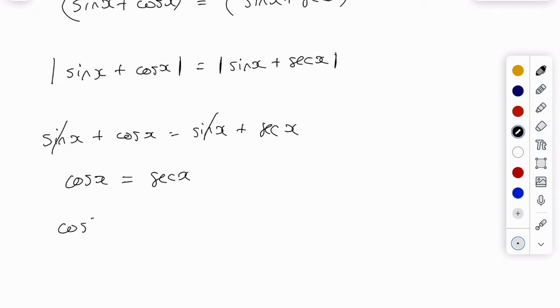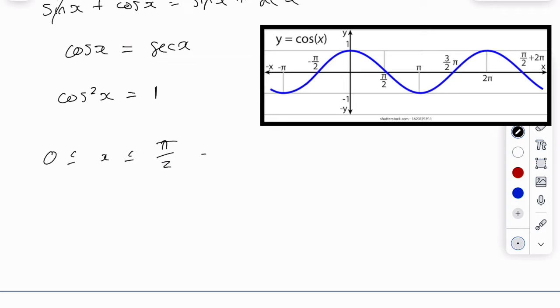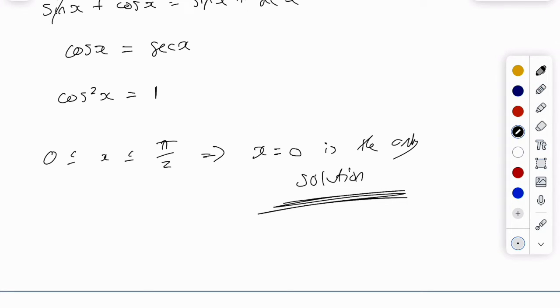So I can therefore say that cos squared x is going to equal 1. And from here, it's pretty simple because if we look at x between 0 and pi over 2, we know that x equals 0 is the only solution. And so, knowing that, 0 is going to be the only solution here.